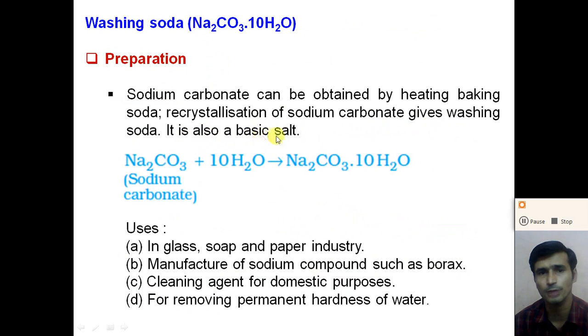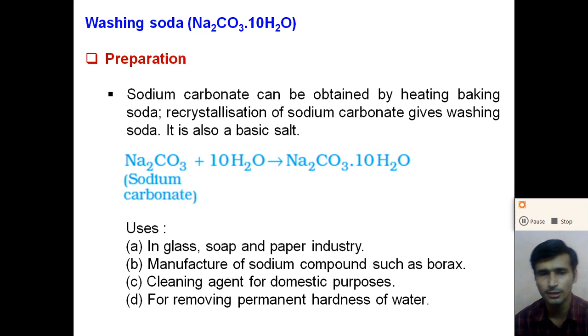Sodium carbonate is a basic salt. When we add 10 molecules of H2O to Na2CO3, we get washing soda Na2CO3.10H2O. What is the meaning of 10H2O? In the crystal of sodium carbonate, there are 10 molecules of water.